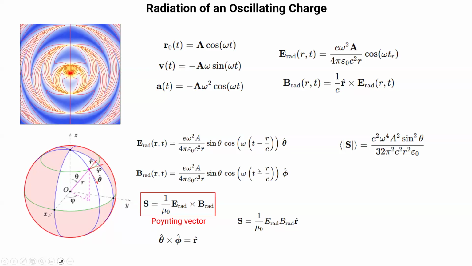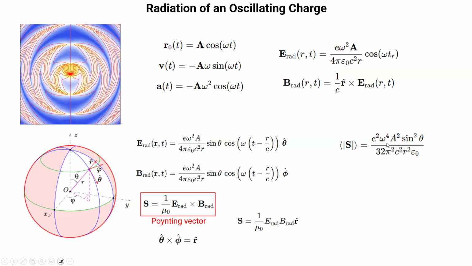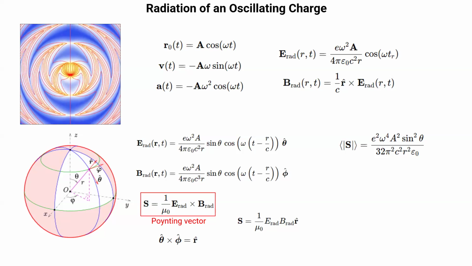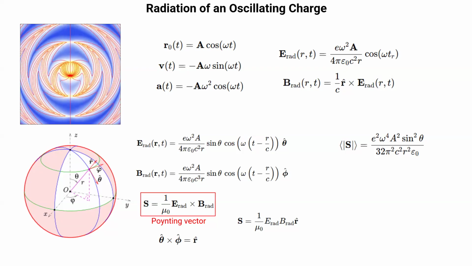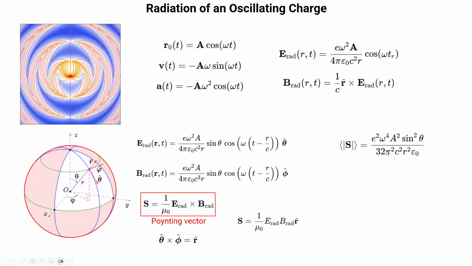These functions depend on time, and I can compute the average of my Poynting vector over the period of this oscillation, and this is the result.